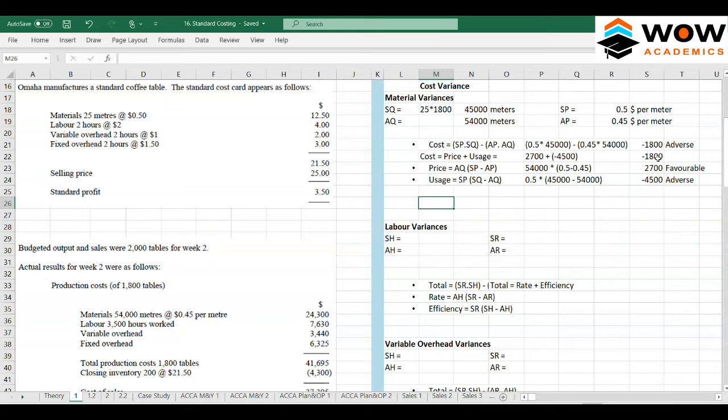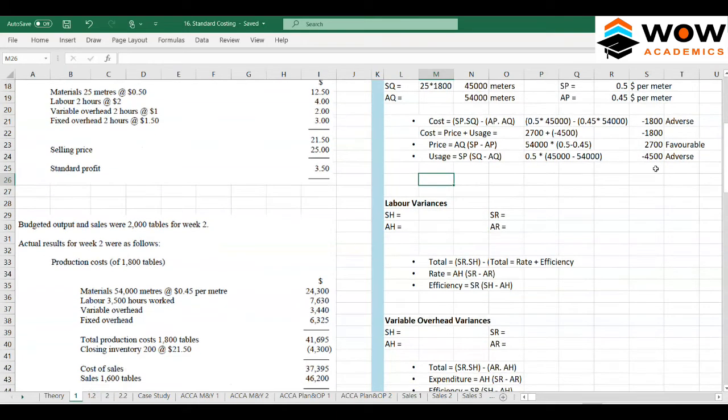So as material is there, material has a closing stock. Closing stock valuation is very simple.